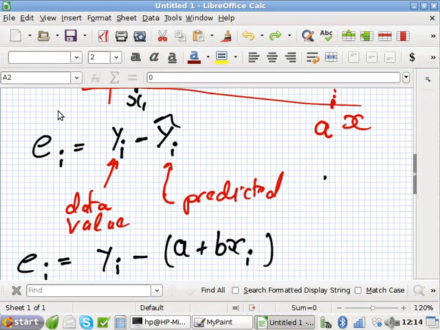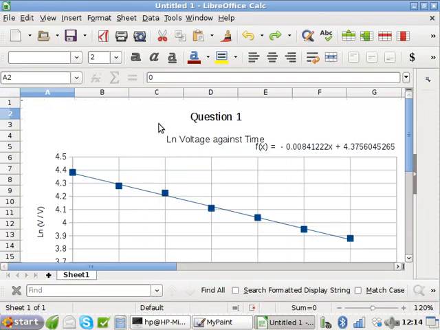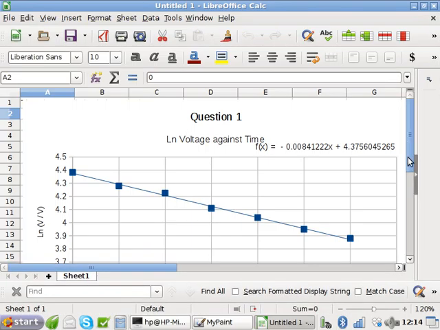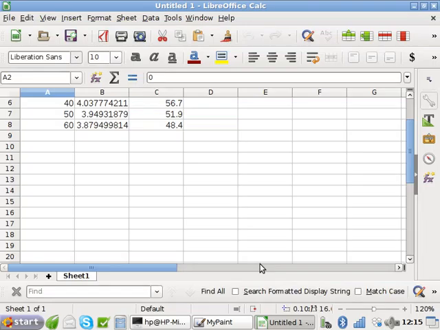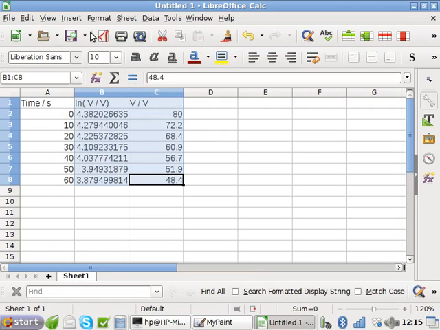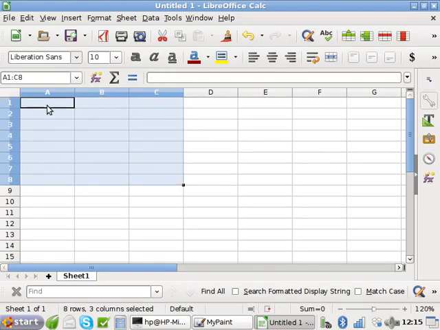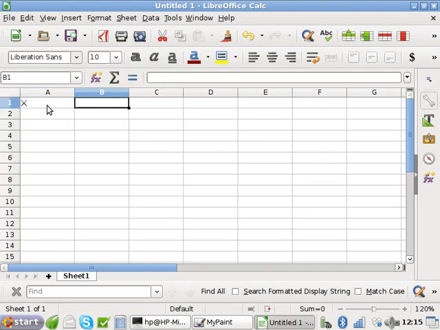X and Y. Okay, so let's go with 0, 1, 2, 3.